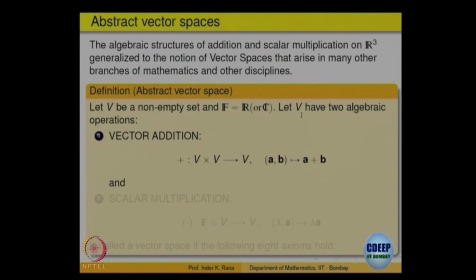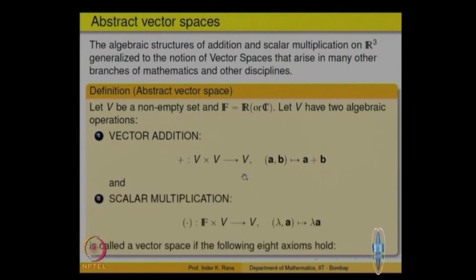On the set V there are two algebraic operations defined. One is called addition. If we look at V cross V, an element in V cross V is an ordered pair. So, A, B goes to an element in V which is denoted by A plus B. This is a binary operation of addition defined on the set V.